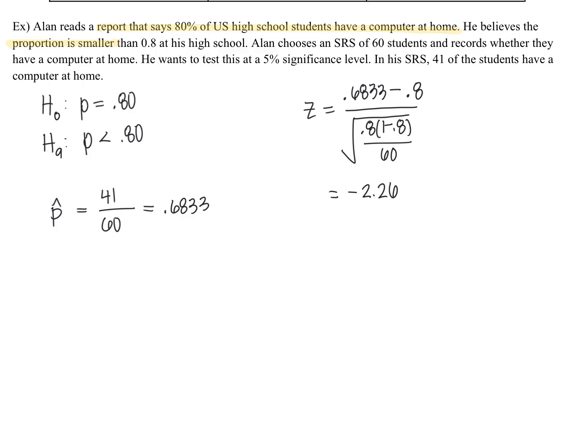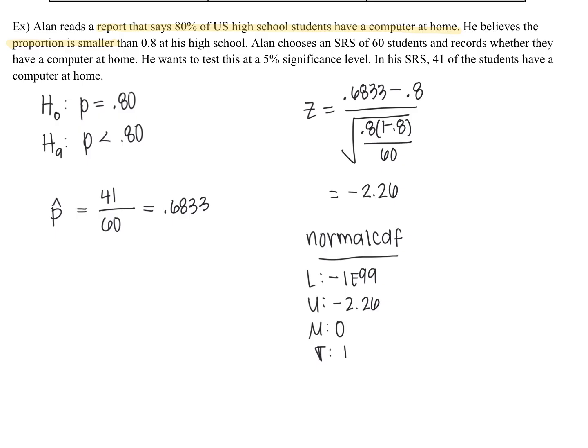Now we go ahead and do normal CDF. So our lower bound is going to be negative 1E99. Our upper bound will be negative 2.26. And because we've calculated a z-score, our mean is 0 and our standard deviation is 1.